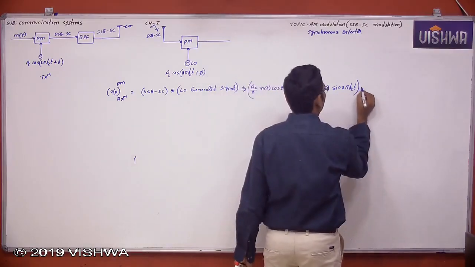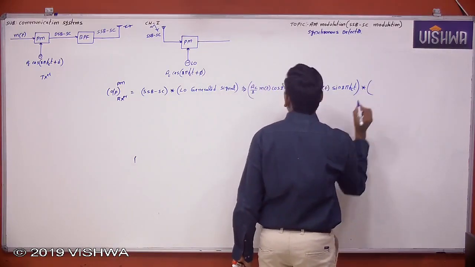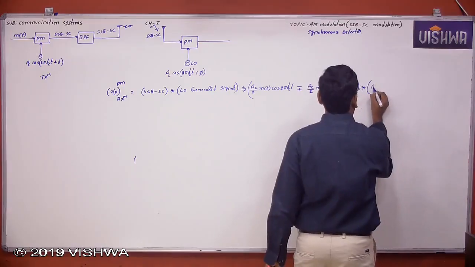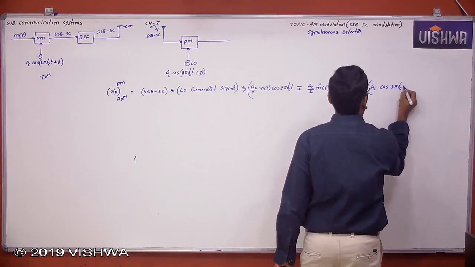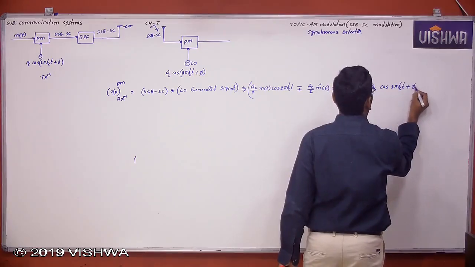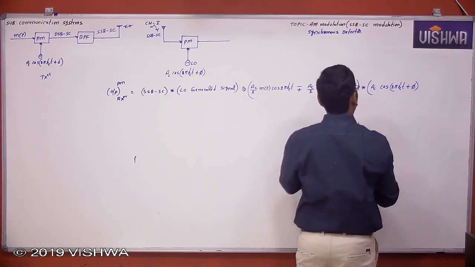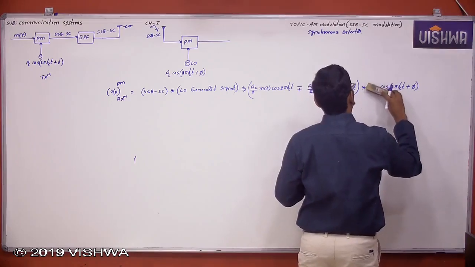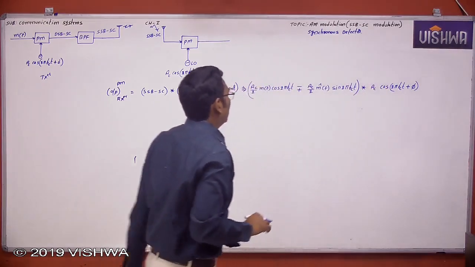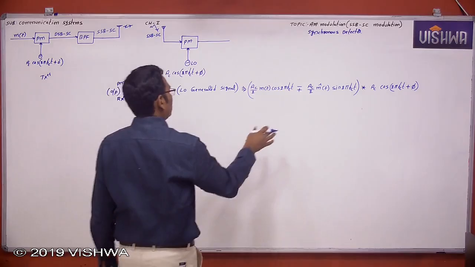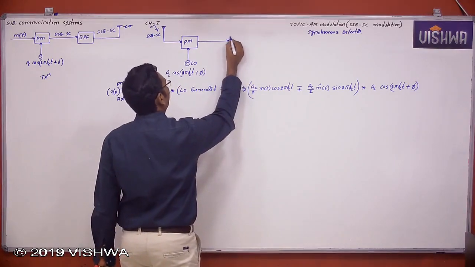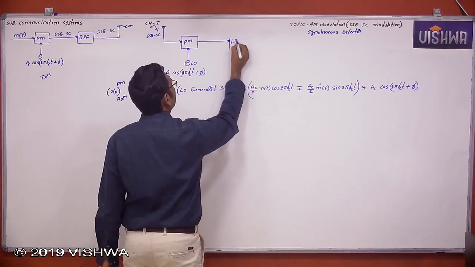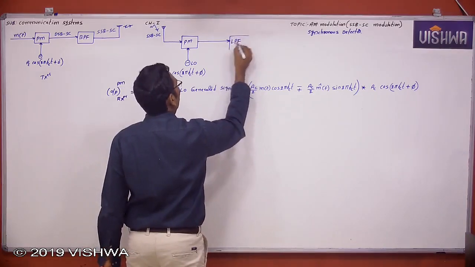multiplied with the local oscillator generated signal, A_c cos(2 pi f_c t plus phi). Then this is multiplied, and finally we want a low frequency information signal, so this is passed through a low pass filter.